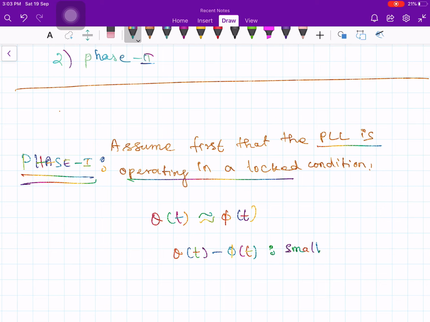So this will imply in turn that the error between these two, if at all there is a difference, would be small. So that is the meaning of the lock condition. Therefore theta minus phi of t could be small in the lock condition.